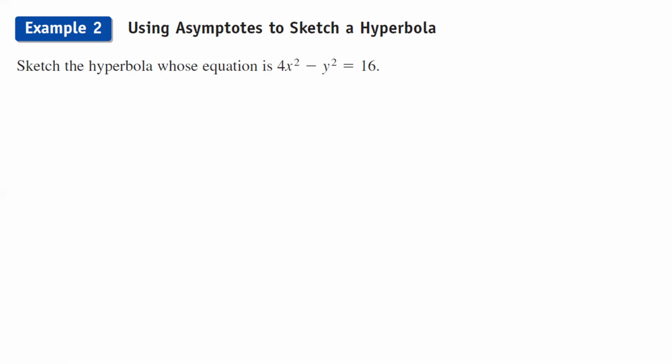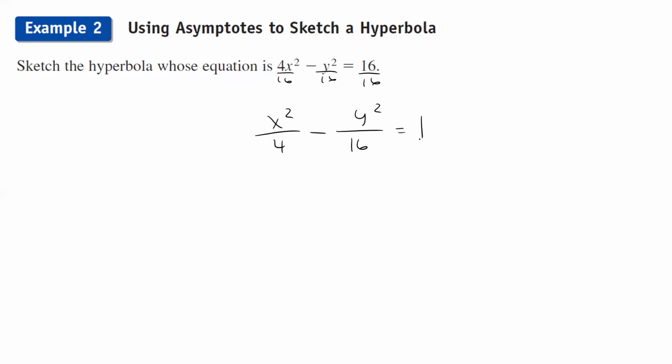So let's see, it's always set equal to 1. So let's divide by 16 everywhere. And we should get ourselves x squared over 4 minus y squared over 16 is equal to 1. Are we good there? All right.